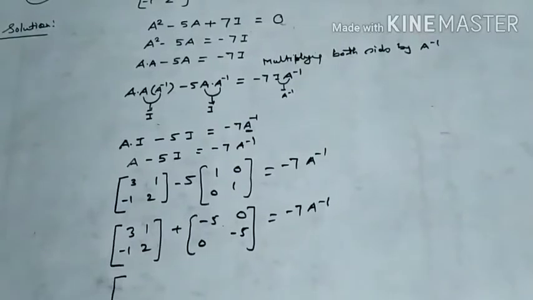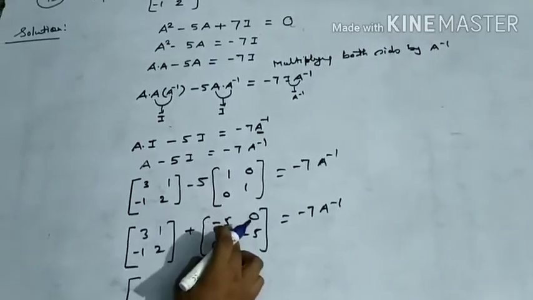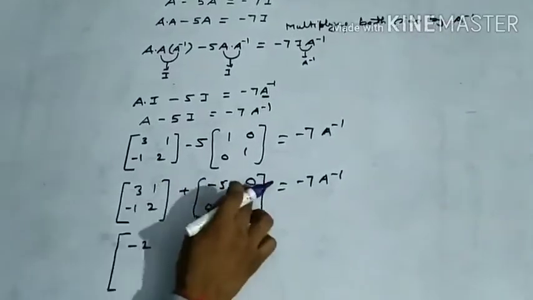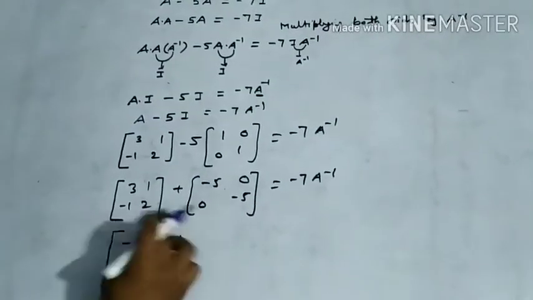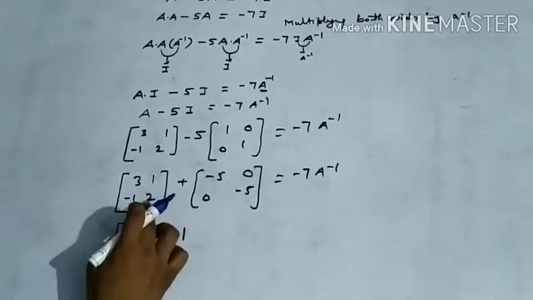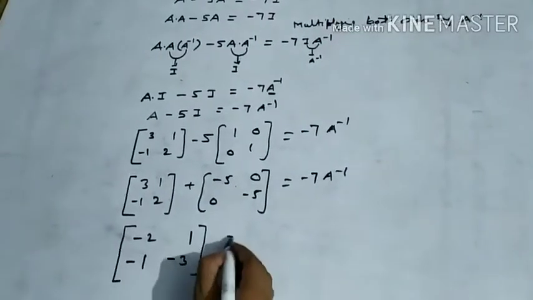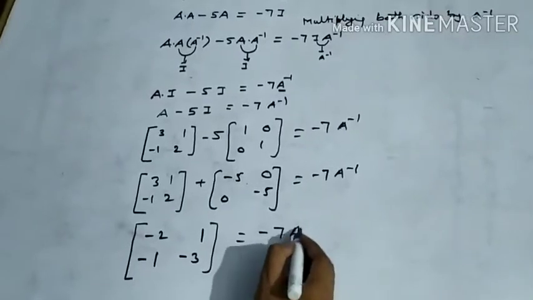Now you have to add: this is 3 and then minus 5, so what we will get, minus 2, and here 1 and minus 1 0 means minus 1, and here 2 minus 5 means minus 3. This is equal to minus 7 A inverse.